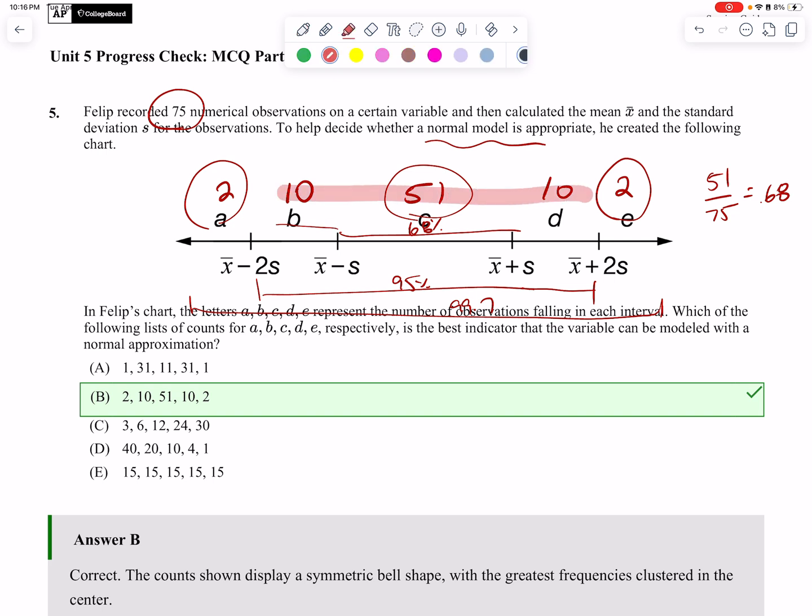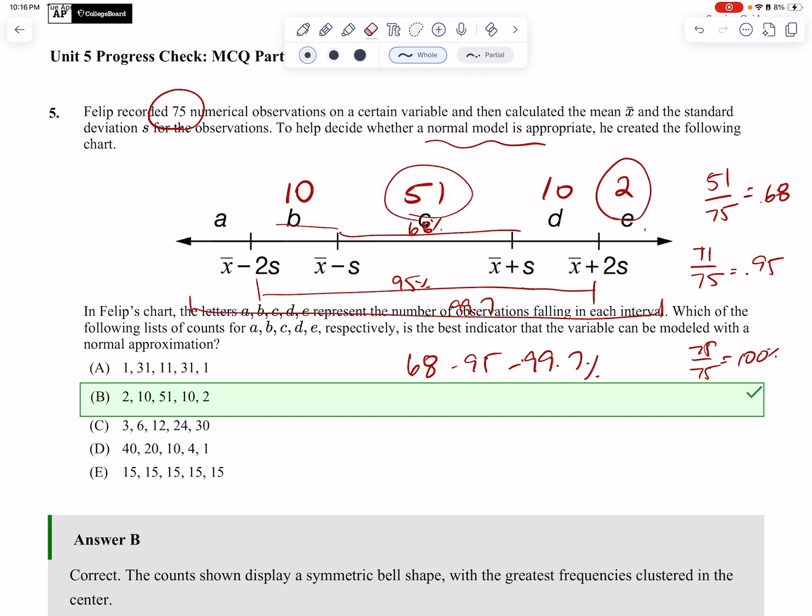So now 51 plus 10 plus 10, which is 71 divided by 75, is exactly 71 over 75, and that's 95%. And then finally, you're going to have all of them, which is 75 out of 75, and that's about 100%, which is really close to the 68, 95, 99.7%. So I showed you one that worked.